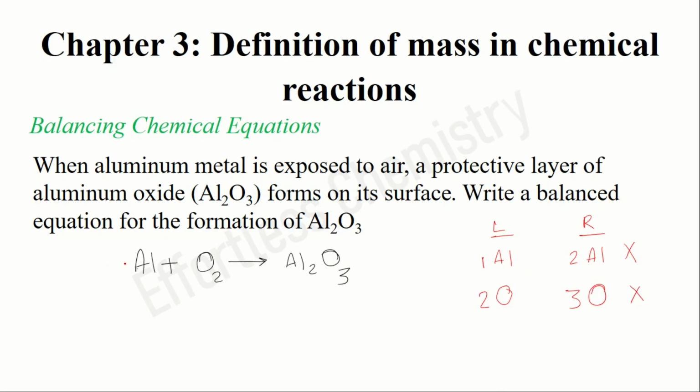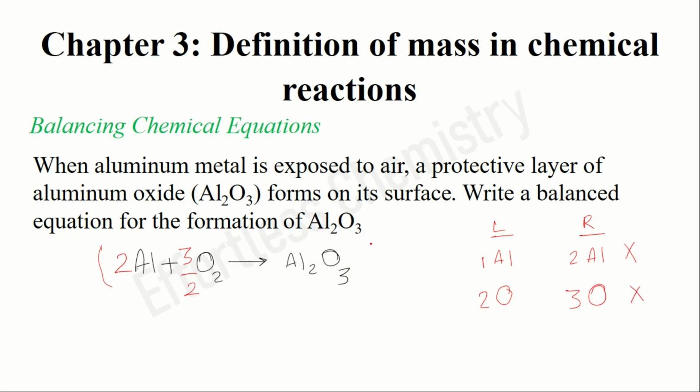If I add 2 here, it seems that I have balanced aluminum, but oxygen still needs to be balanced. So 3 atomic oxygen here, while we have 1. So if I add 3 halves, it seems that now the equation is balanced, but we need to have whole numbers.